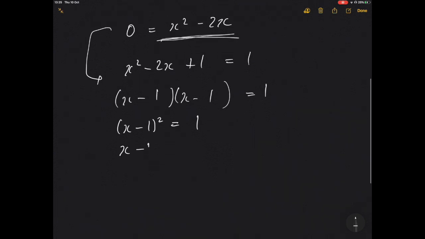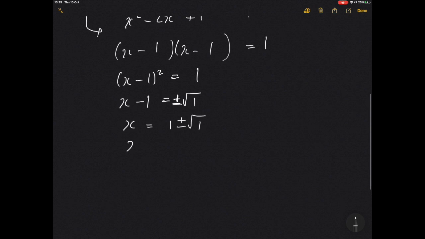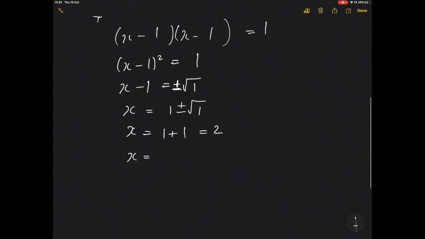Therefore, x minus 1 equals the square root of 1. Because we have two solutions to the problem, this is plus or minus 1. So x equals 1 plus or minus the square root of 1. So x equals 1 plus 1, which equals 2, or x equals 1 minus 1, which equals 0.